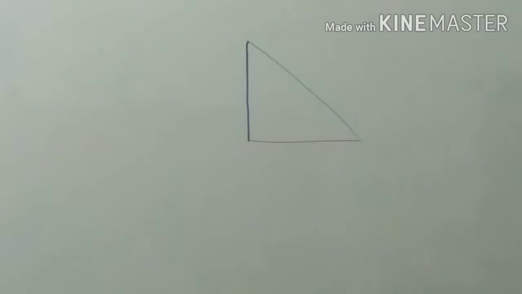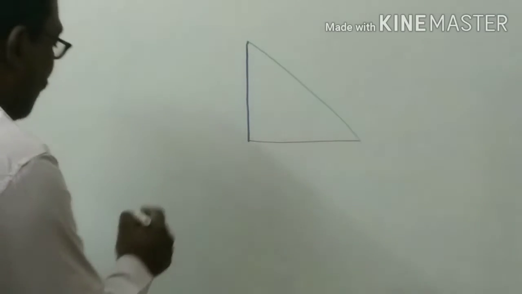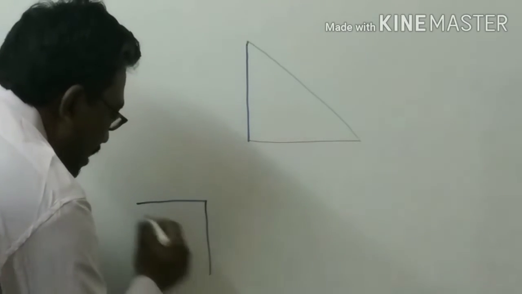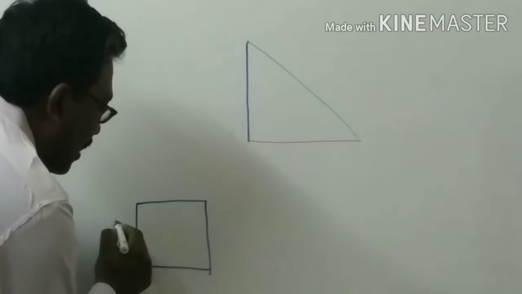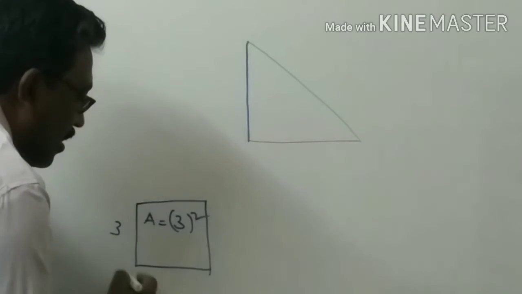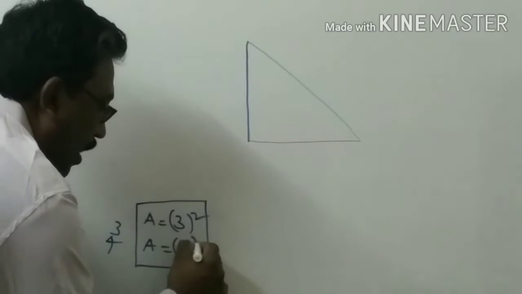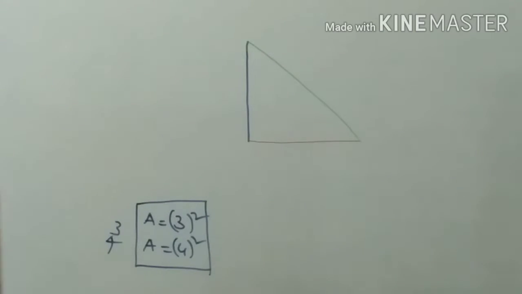What is meant by side square? The side square basic principle came from a square of side. If the side is 3 units, then area is equal to 3 square. If side is 4 units, area is equal to 4 square. If side is 10 units, area is equal to 10 square.